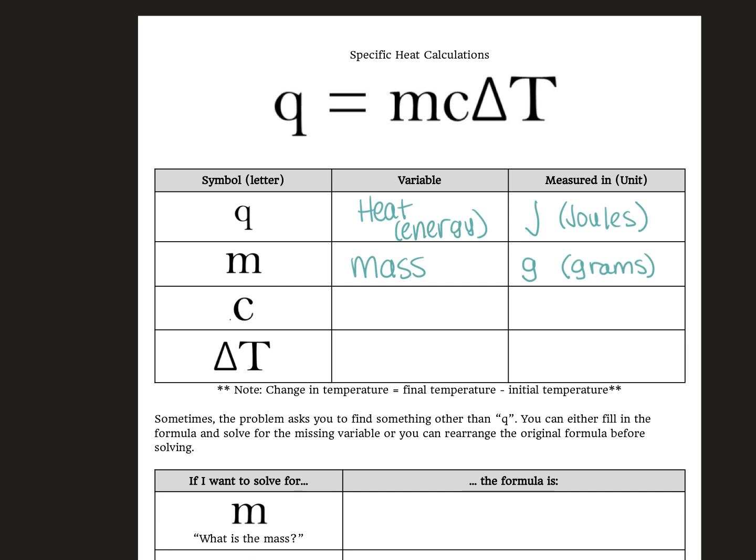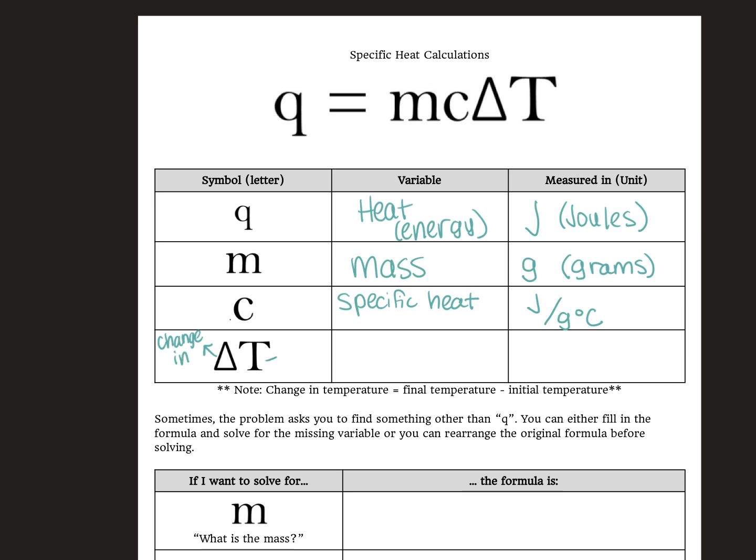C is specific heat, and the unit is very long. It is J/G degrees C. So joules per gram degrees C. Delta T, this delta sign means change in.